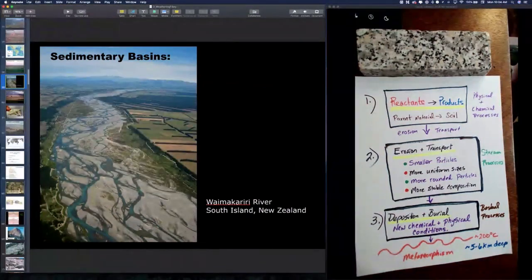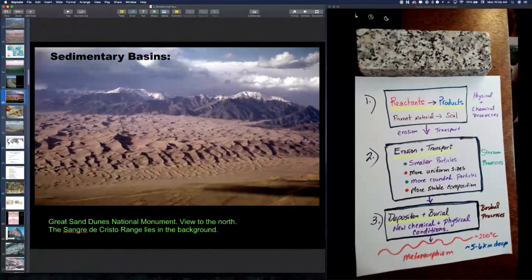And then another sedimentary basin, we talked about the Great Sand Dunes National Monument in Colorado. And these are big sand dunes. And the sand is trapped basically because the wind is coming from the west, from the left side of the photo. And the wind has to rise above these mountains. They're the Sangre de Cristo Mountains.